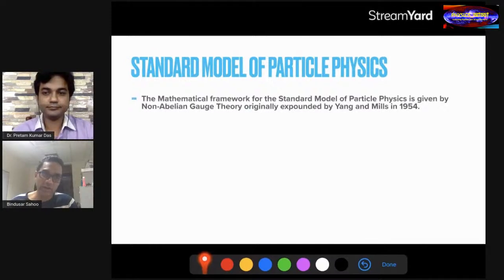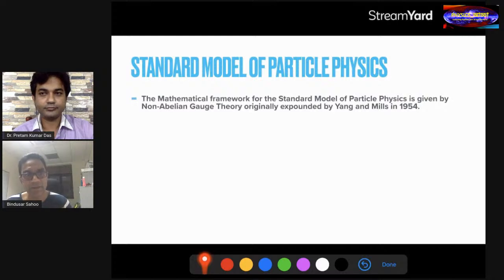It has a gauge transformation, and that is typically an abelian gauge transformation in the language of group theory. This non-abelian gauge theory is a generalization of electromagnetic theory, where the gauge transformation is not abelian but some non-abelian group. I'm not going to discuss it in detail, but you can think of it as a generalization of electromagnetic theory.